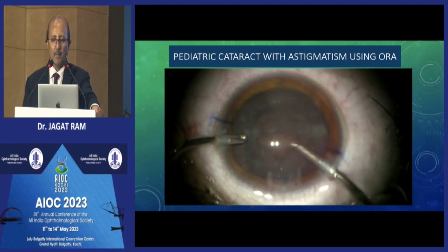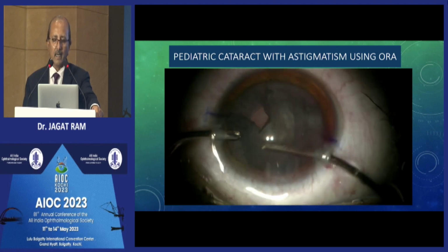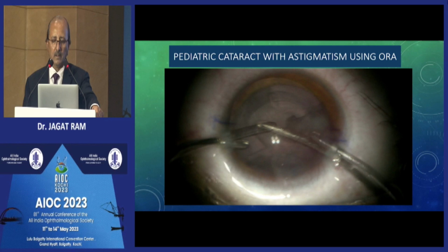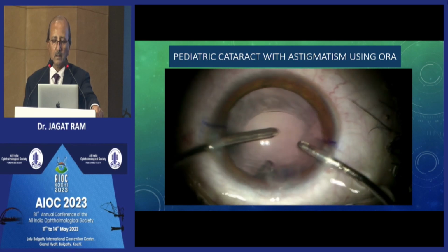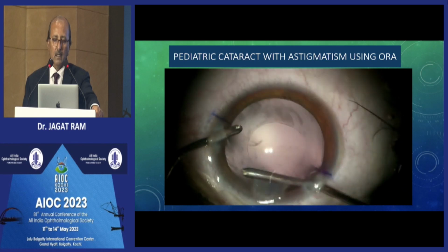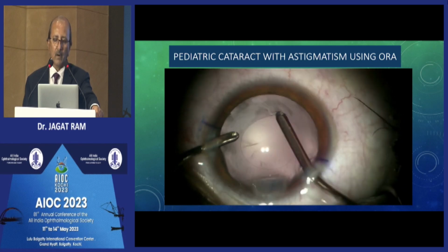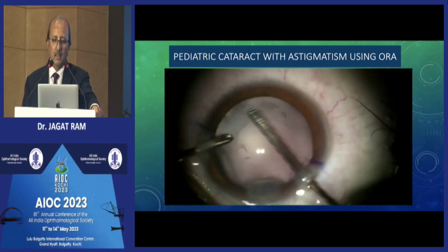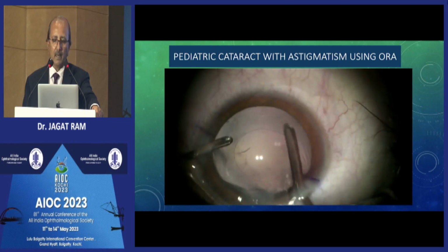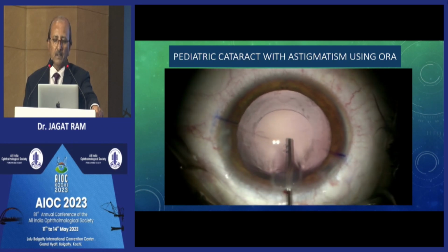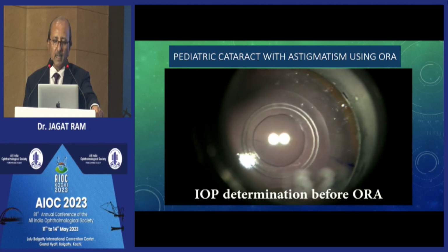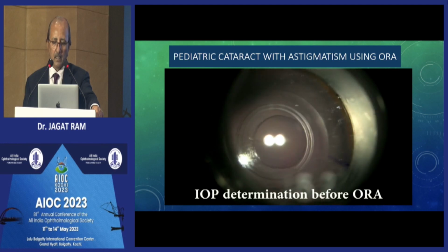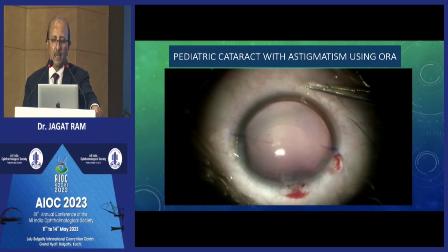Roughly we have already marked the horizontal axis. After removal of the cortex, we fill the capsular bag and anterior chamber with viscoelastic. Pressure should not be low, but then we adjust it and see what IOL power comes.